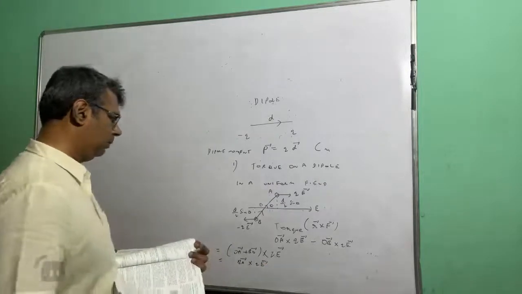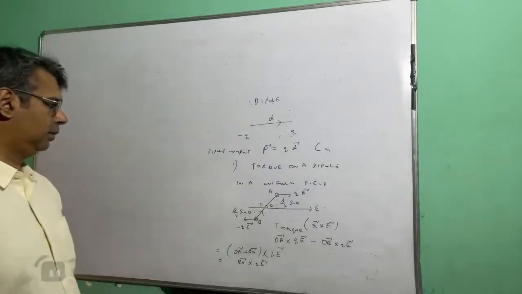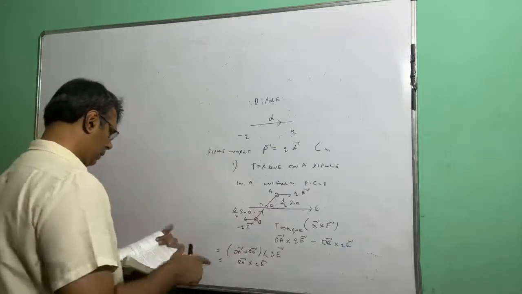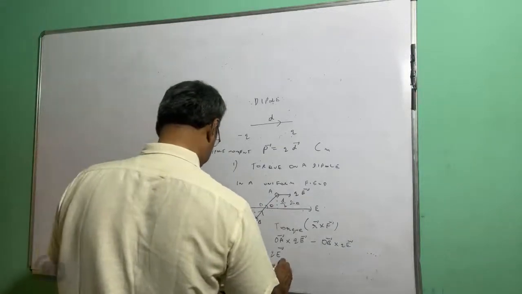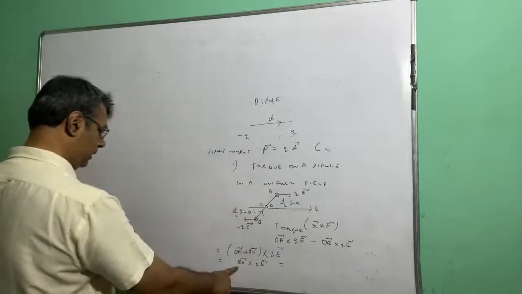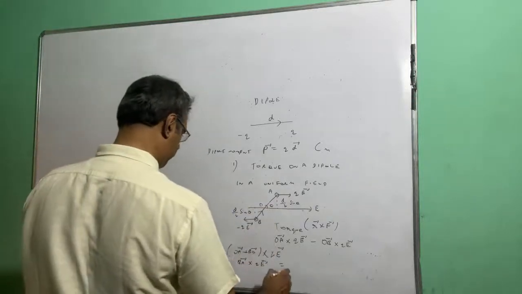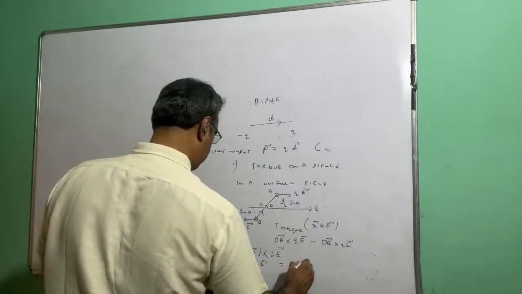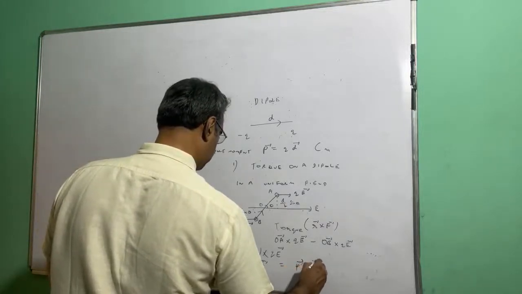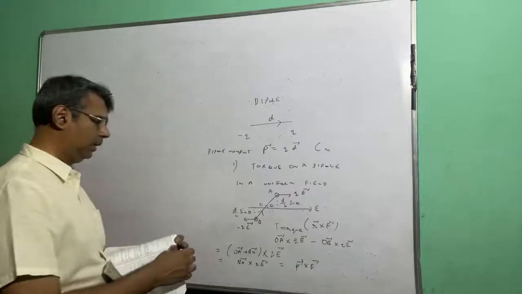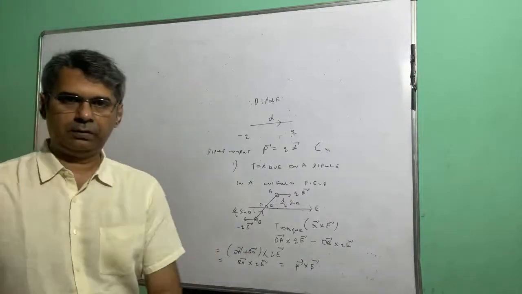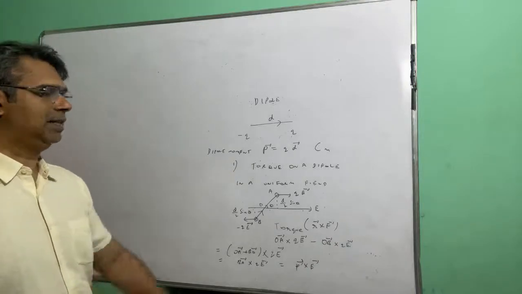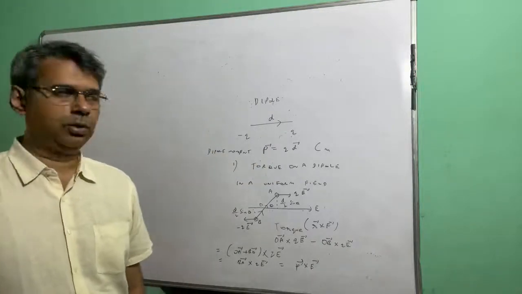BA is the vector from negative to positive, and that distance into charge is the dipole moment P. Therefore the torque on a dipole in a uniform field is the dipole moment vector P cross E.